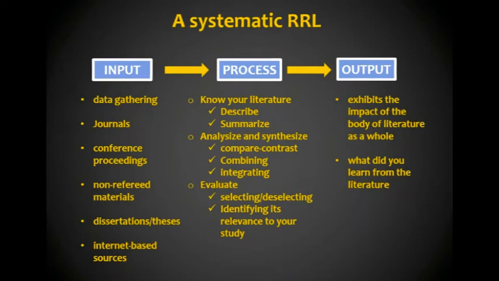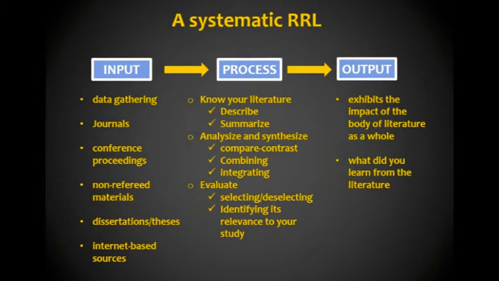We also combine and integrate. Lastly, we evaluate, where we will now be filtering, selecting or deselecting the things that we need to put on our paper. We also have to identify the relevance to our study. So pretty much we're filtering the data that we have gathered.